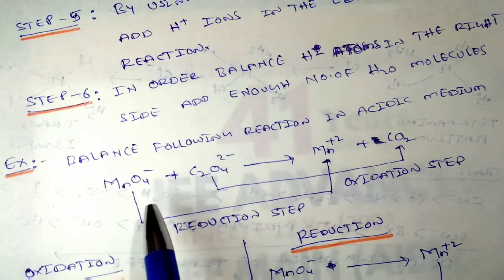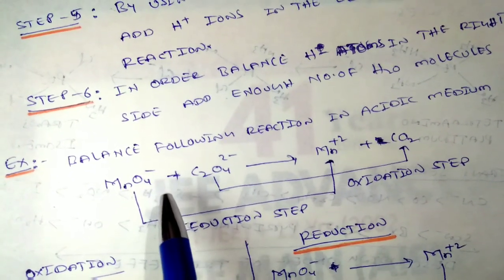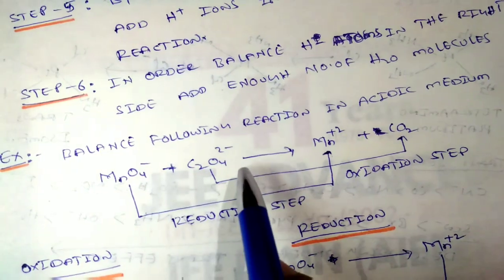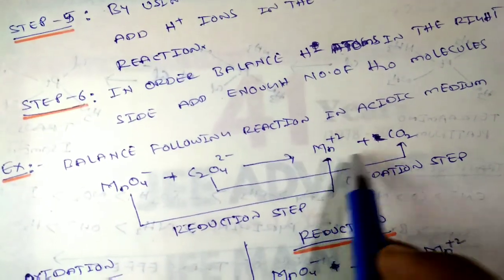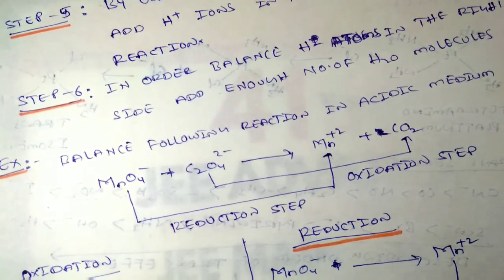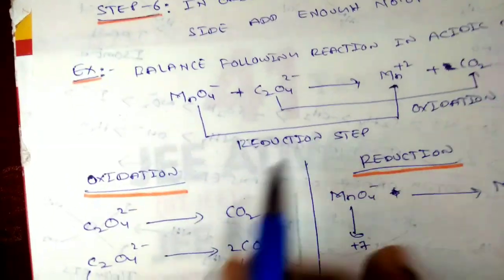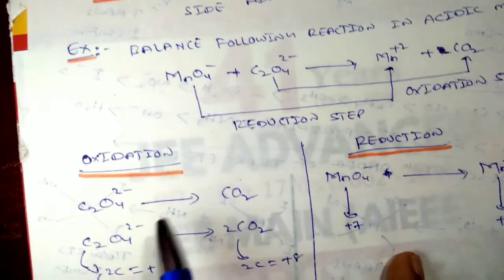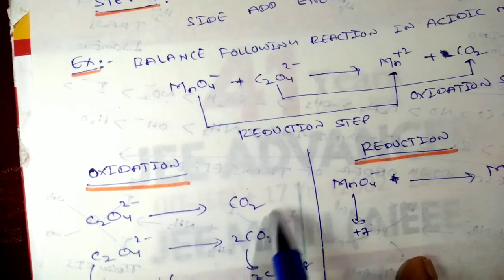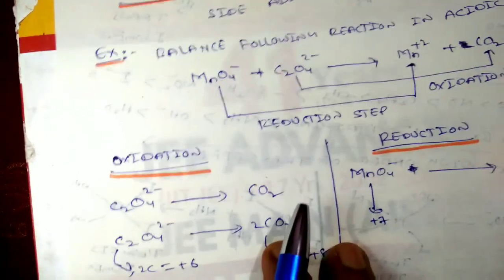Here one reaction is given. Permanganate ion is reacting with oxalate ion and producing Mn2+ and carbon dioxide. Let us see which is the oxidation step and which is the reduction step. Converting C2O4 2- into CO2 is the oxidation step.